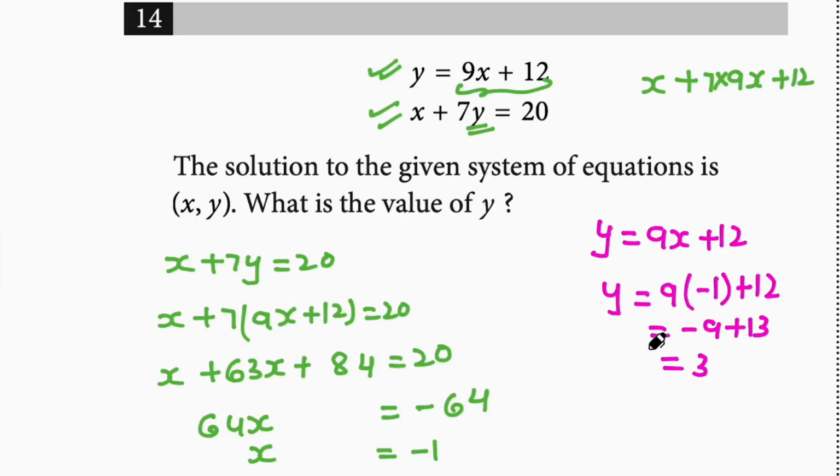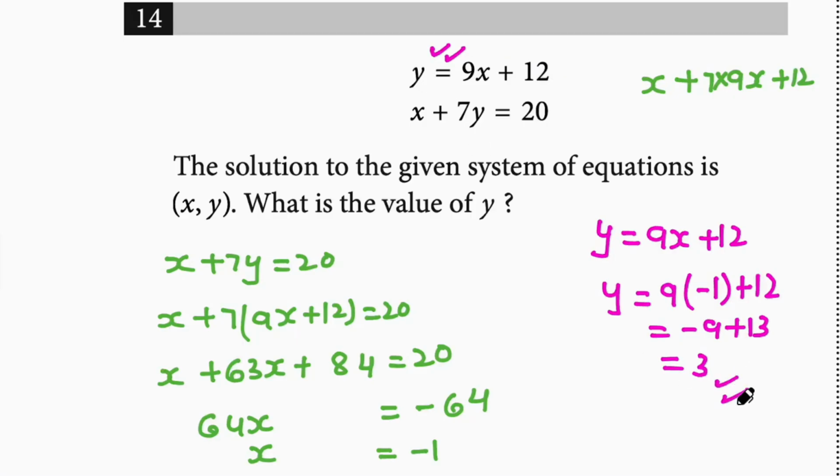Now I just want to be extra sure, because we have the habit that we first do the whole paper and then recheck it, right? I would suggest that the method of rechecking should always be different from the method by which we are solving the question. Because we have calculated the value of y as 3, let's check if it's working or not. For the first equation, 9x plus 12 after solving should come up with 3.